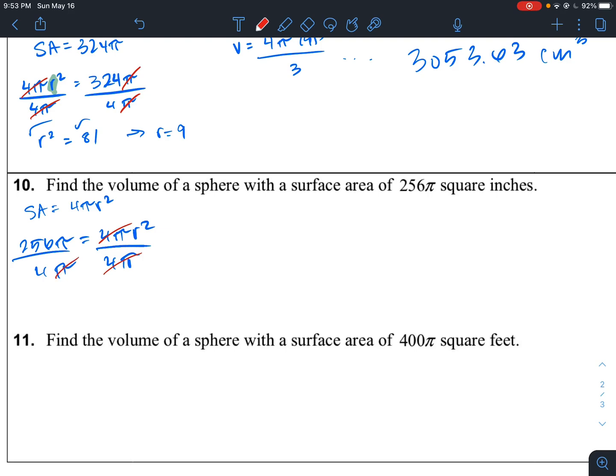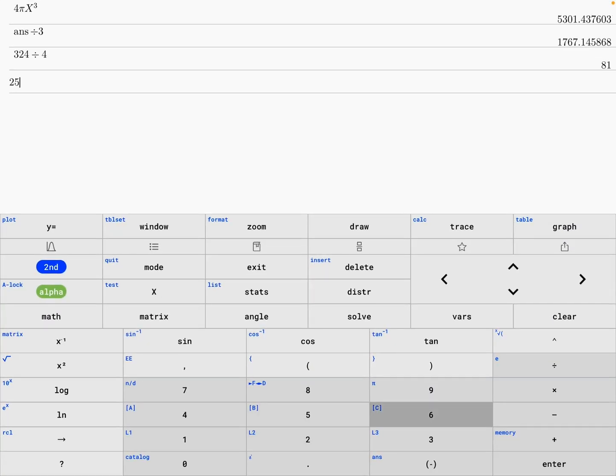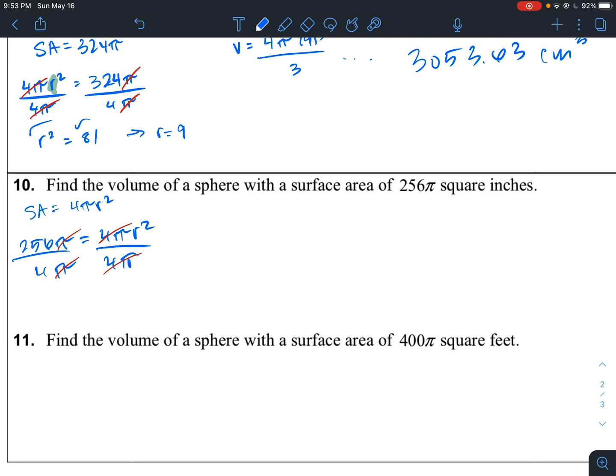The 4 pi's will cancel, and then we do 256 divided by 4, and we get 64. So r squared is equal to 64, and if we take the square root of each side, r will equal 8 inches. And then from there, volume is equal to 4 pi r cubed divided by 3. From there you can find the volume.